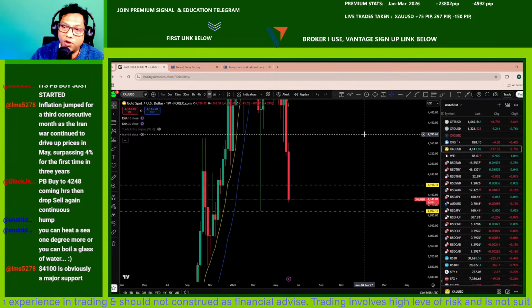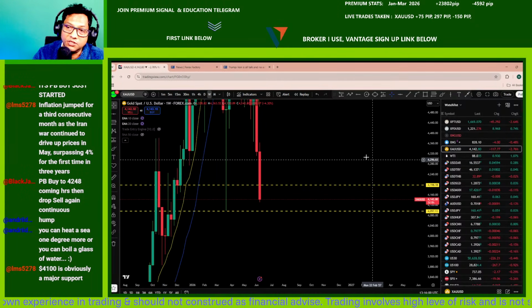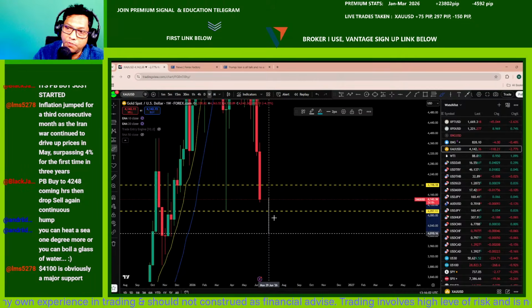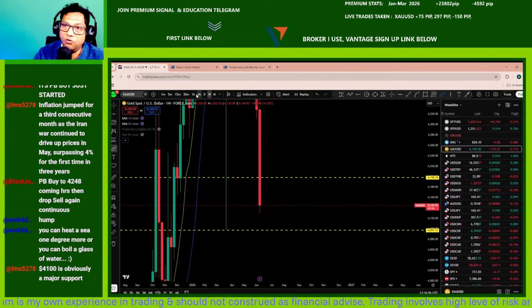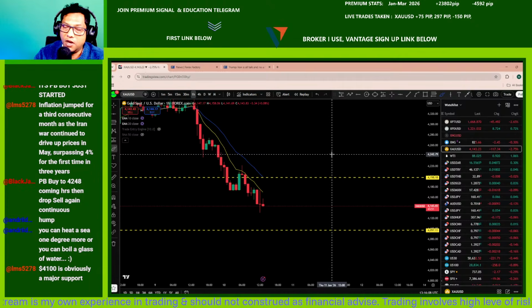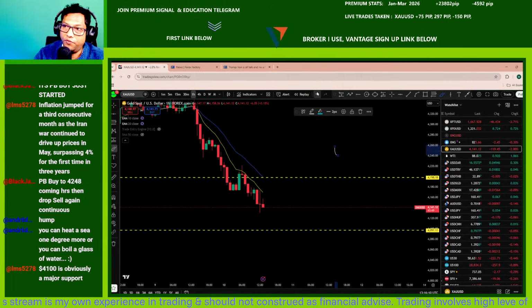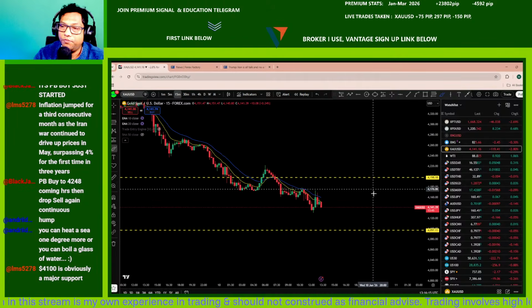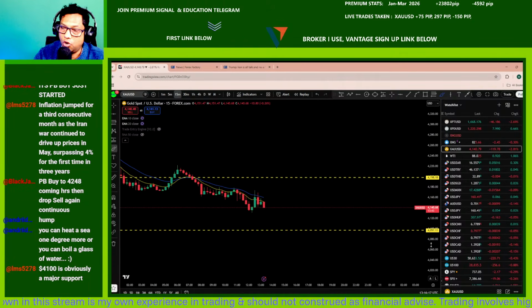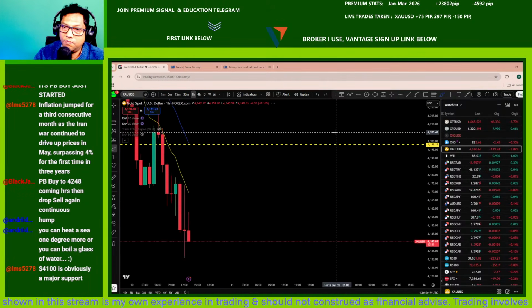So if you look at the overall market structure of this level, price action could break that low and continue to drop back below here.